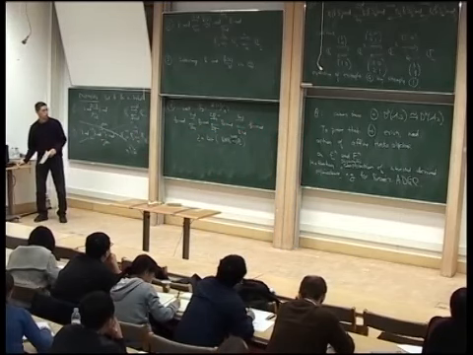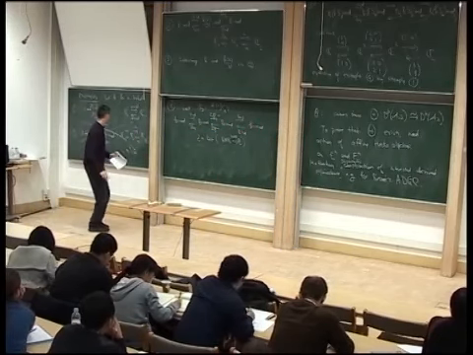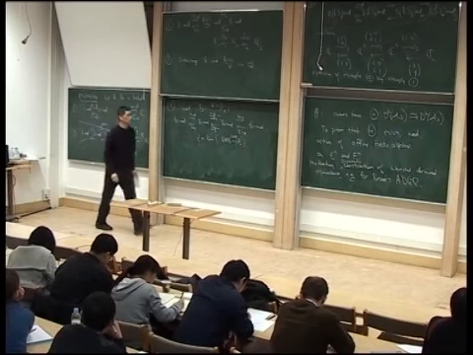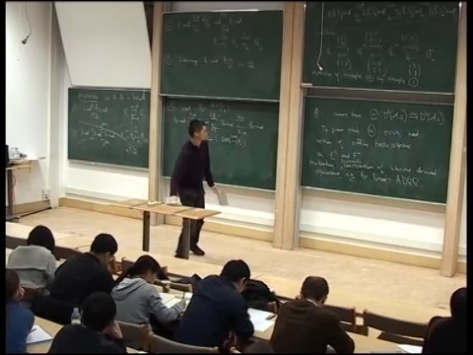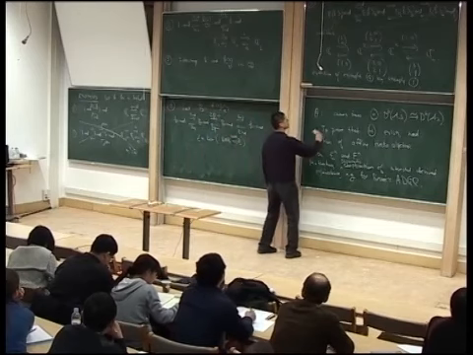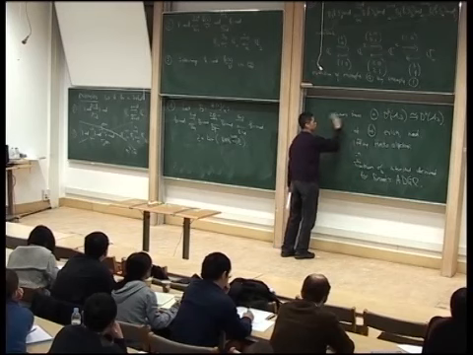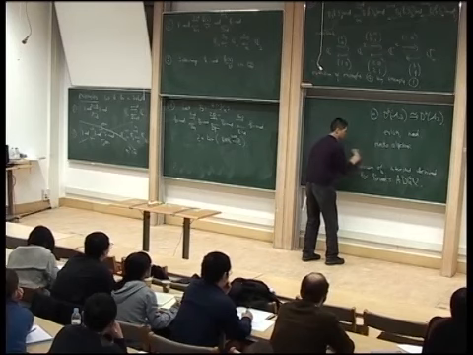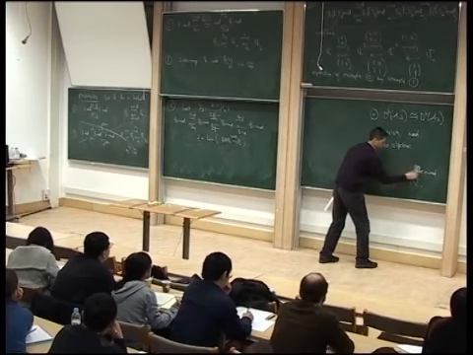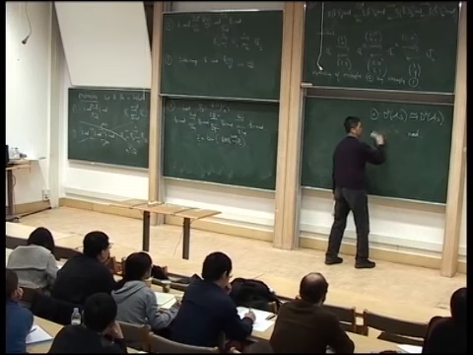Okay, now I'm going to do a different sort of example now where I do have some kind of special knowledge beforehand. And this is the category O for GLN.